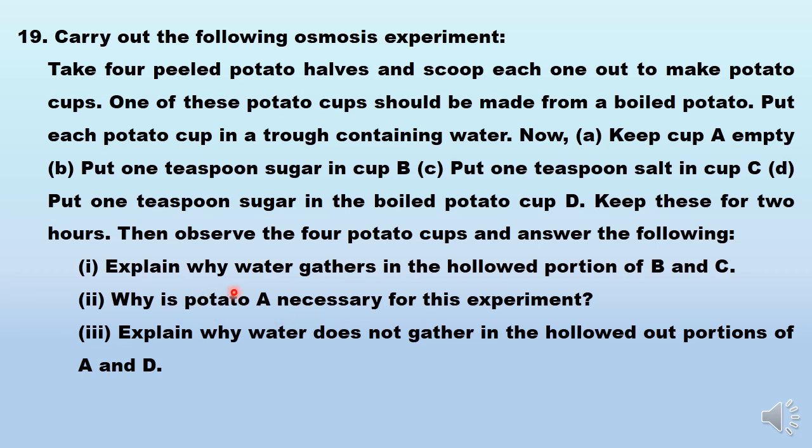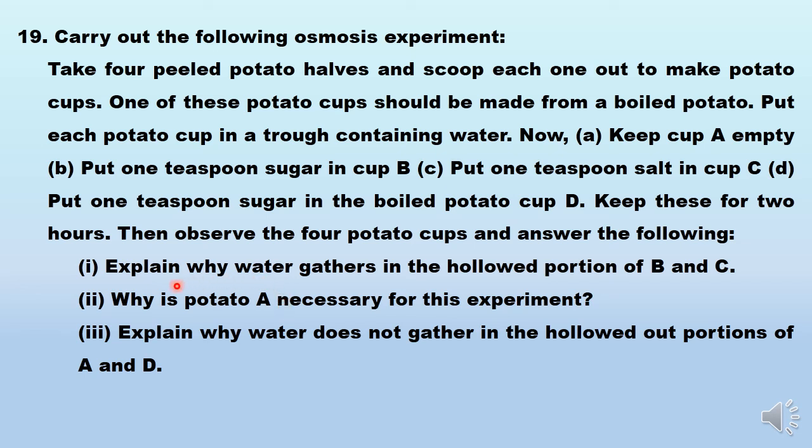Now, why is potato A necessary? Because remember, A was kept empty. So why is this one necessary? Because we had to make sure that while scooping the potato, we have not formed any hole-like thing through which the water is entering. We have to show that all the potato cups have intact walls and the water is not entering through any hole.